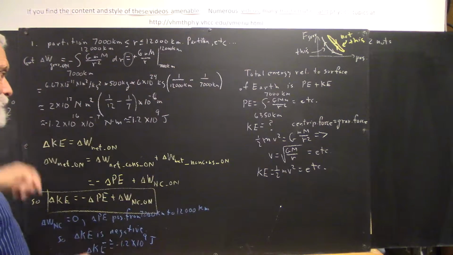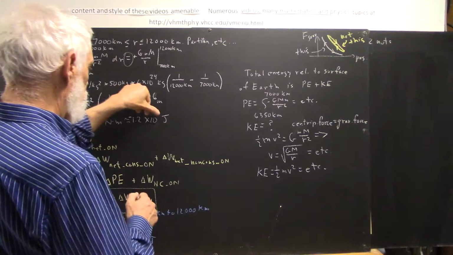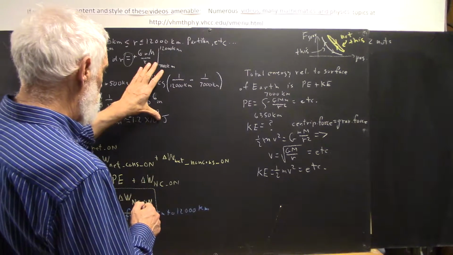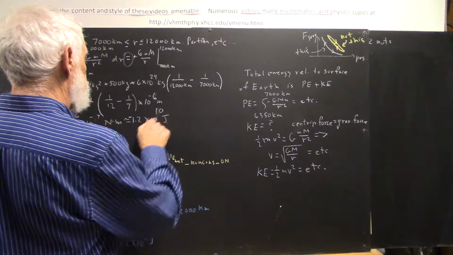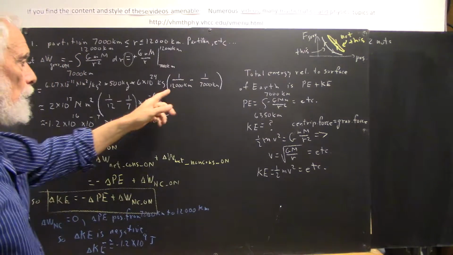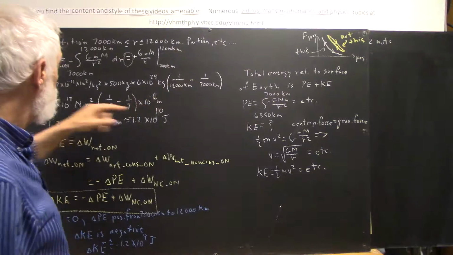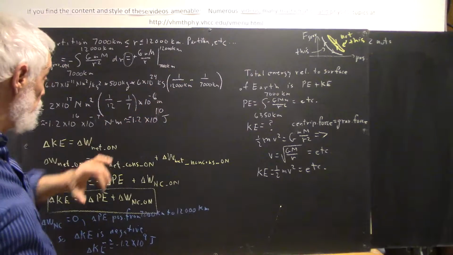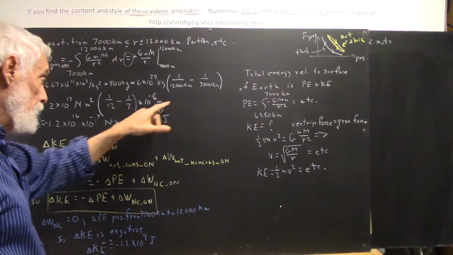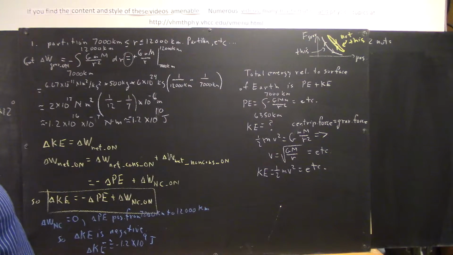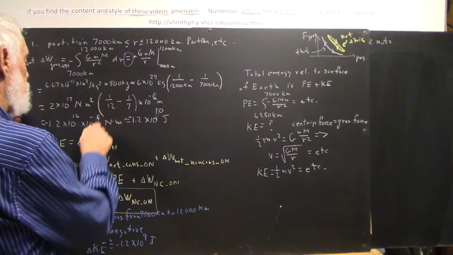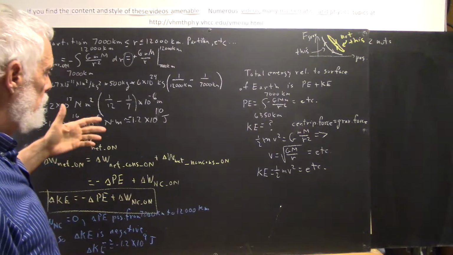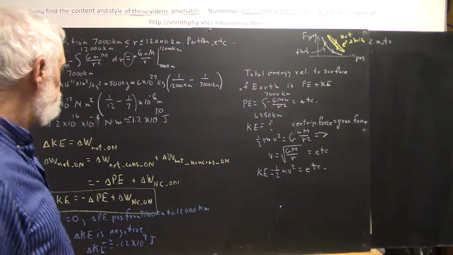Well, let's not worry about my shortcuts, because you can substitute this yourself and get your own result, and you'll see that when I had the 10 to the 9th joules here, I believe I was off by a factor of 10. Okay.